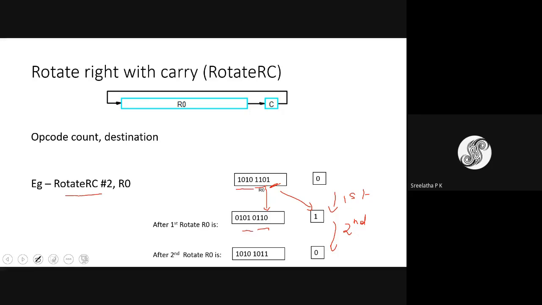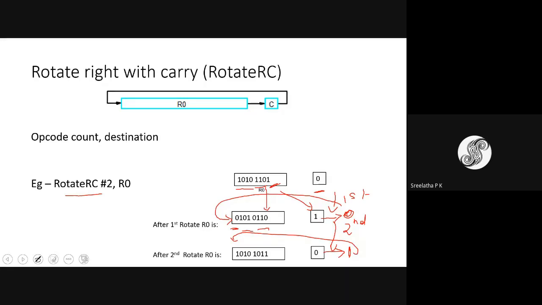Here there is a free space which is created. Whatever value was taken out of the carry bit, 0 that was initially there, is moved to the most significant bit position. Similarly, in the next shift, 1 is taken out from the carry flag and moved to the most significant bit position.